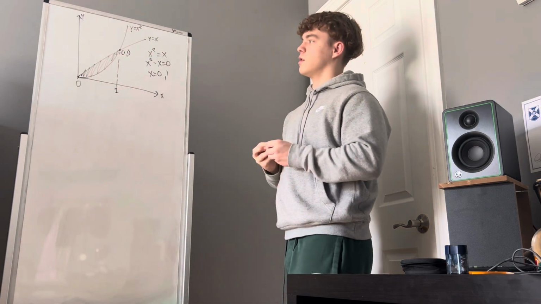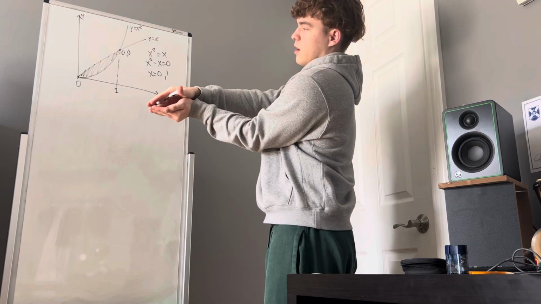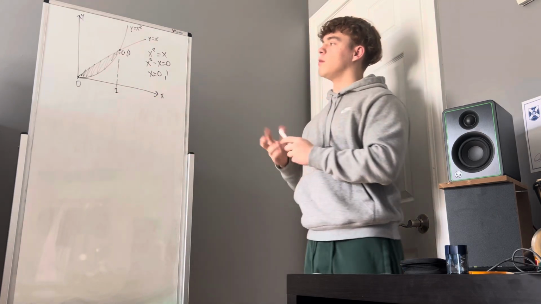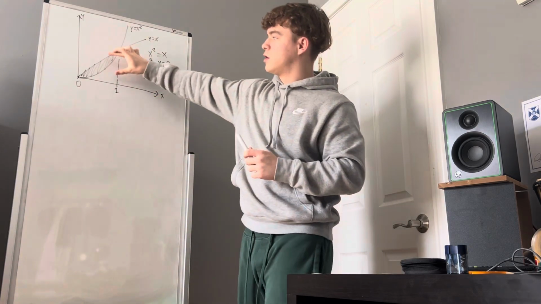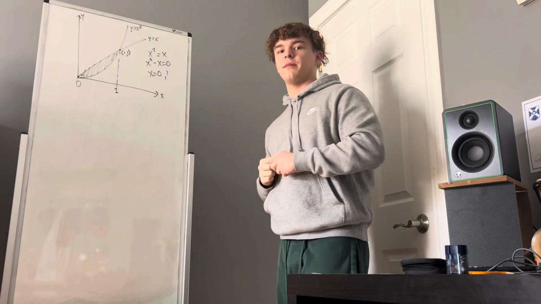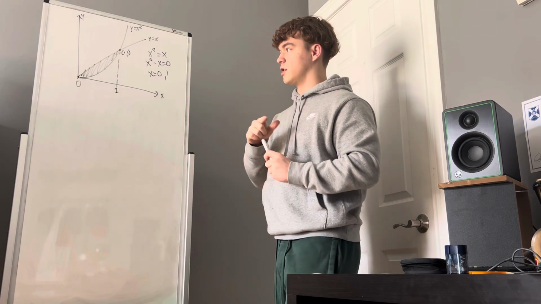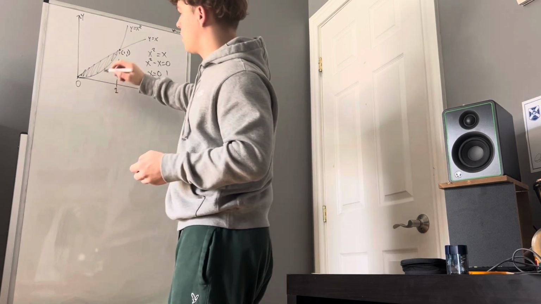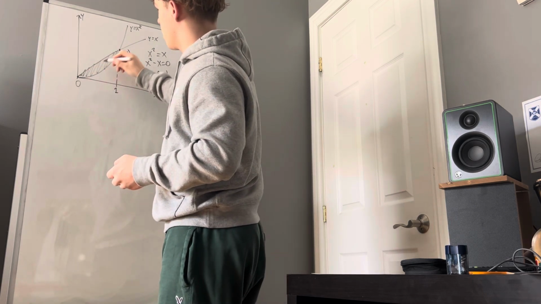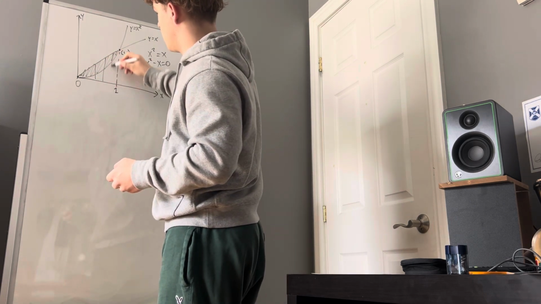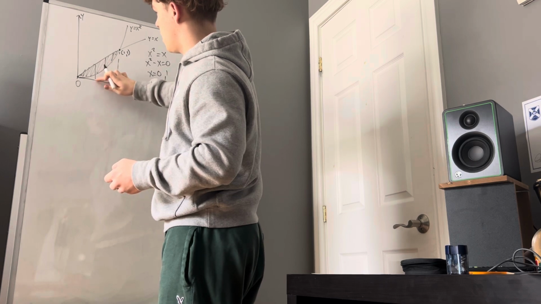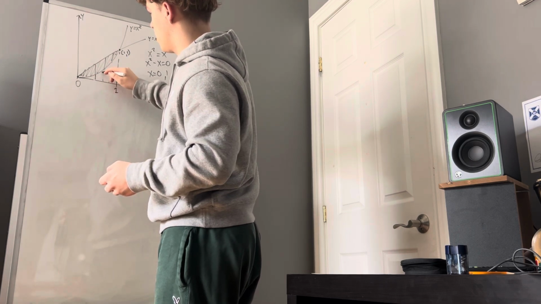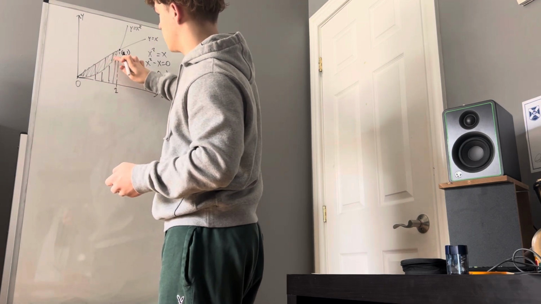So let's find this little area here. Well, what is that? We've got two areas that we can find using the fundamental theorem of calculus that I just introduced. We've got this big area from here all the way down to the x-axis. We've got this little area from here all the way down to the x-axis.